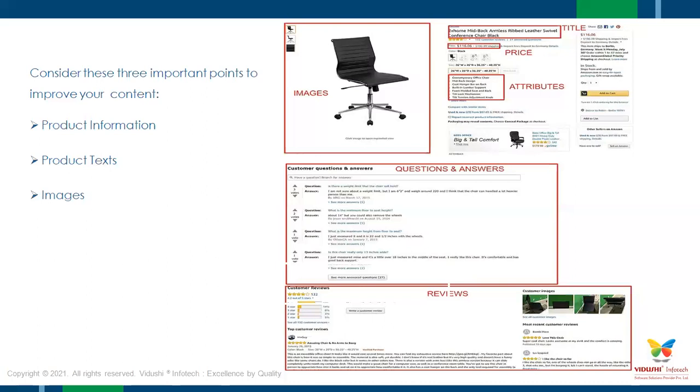So the seller or vendor always has to focus on getting maximum reviews and 4+ stars on Amazon. The products with higher reviews and 4+ stars get more sales.